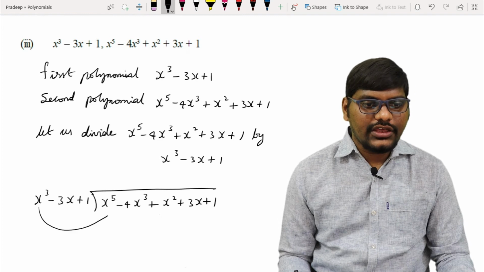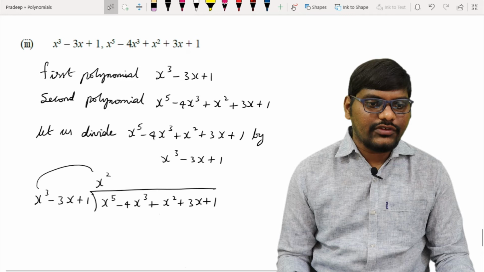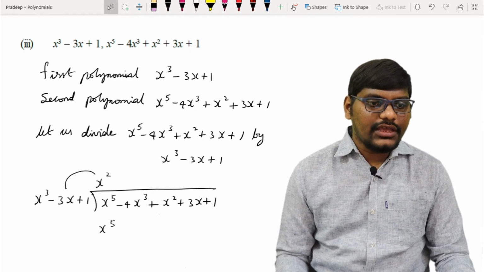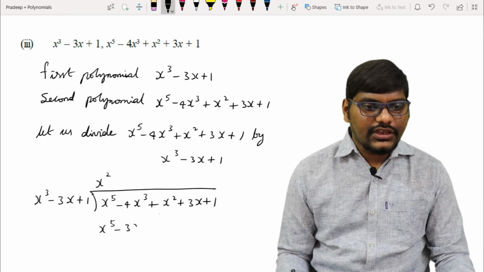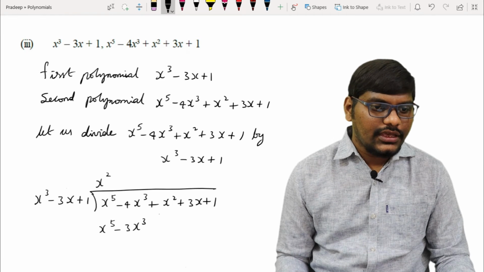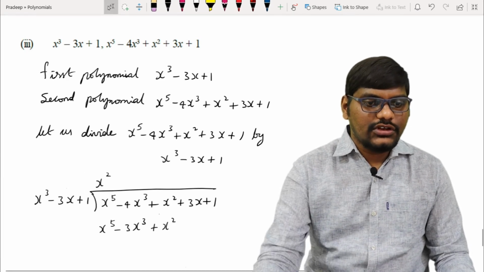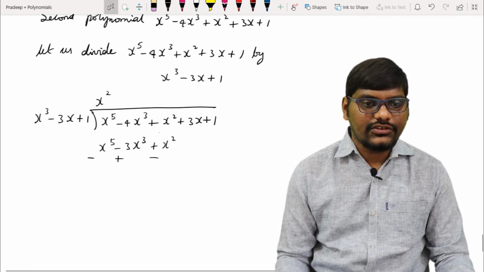x cube is there, here x power 5 is there. So if I take x square, x cube into x square is x power 5. Also I'll multiply 3x into x square, that is minus 3x cube, and also plus x square. So let's solve this. If I change the signs, this is minus, this is plus, and this is minus.